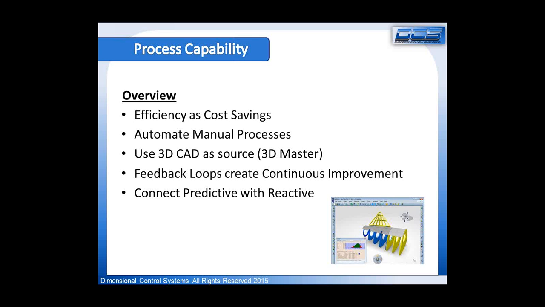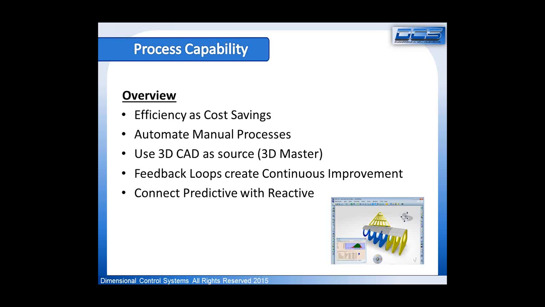The whole idea again around MBD is 3D CAD as the master source of information, creating feedback loops between engineering and manufacturing, using data for providing a continuous improvement environment that enables ongoing development and improvement of products and processes to be realized in a very live and/or real-time sense.